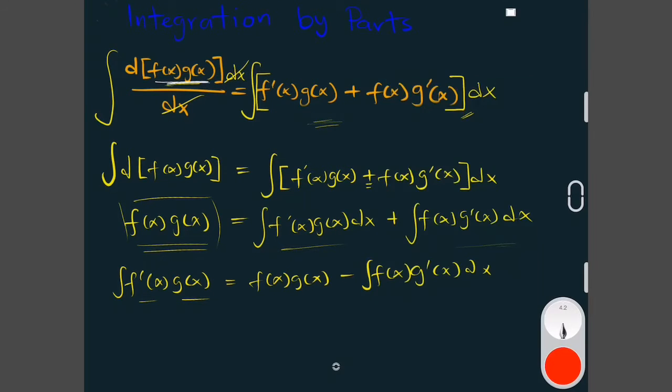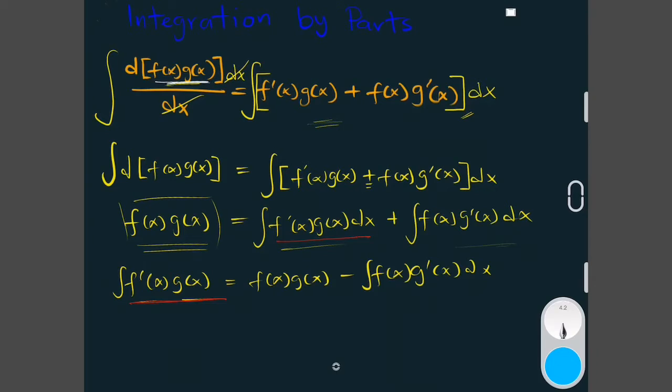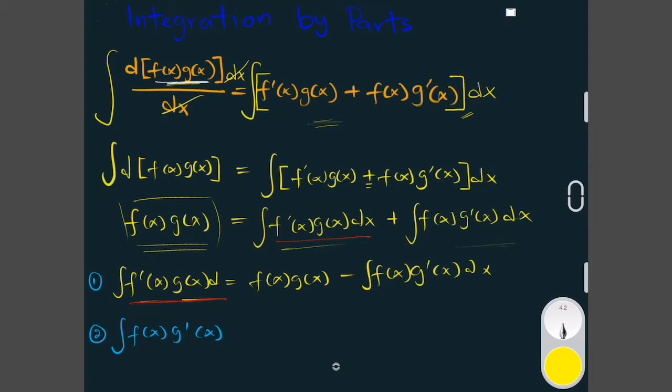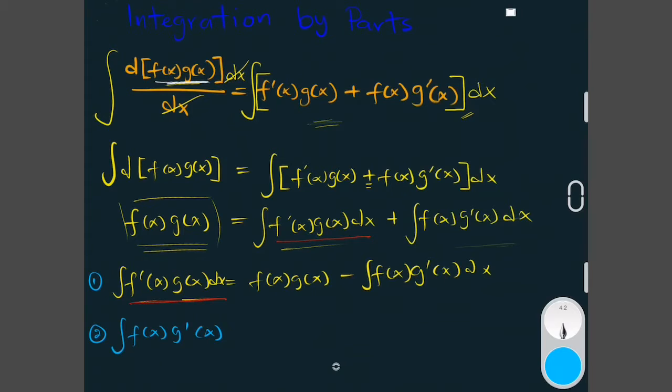See, use a different color. Well, what if we were given an integral? This is another way of writing the equation. So if we were given the integral of f(x)g'(x), sorry, I forgot to put the dx, dx.